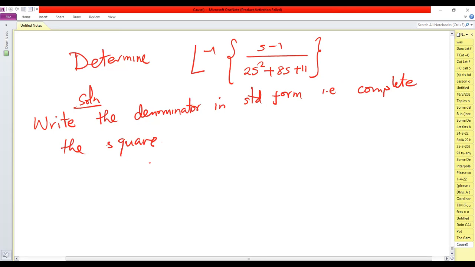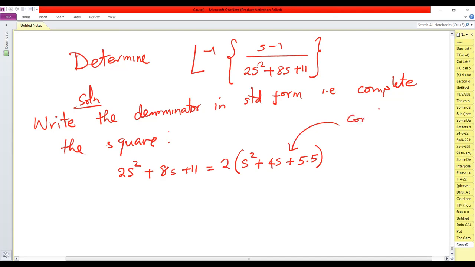So this is what we mean. We'll have 2s squared plus 8s plus 11. I can write this as 2 into (s squared plus 4s plus 5.5). And then I'll complete the square for this expression.